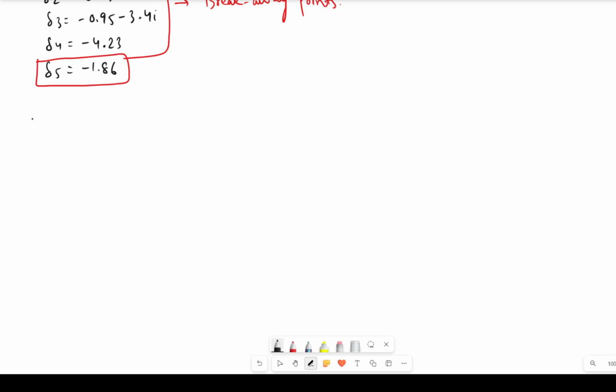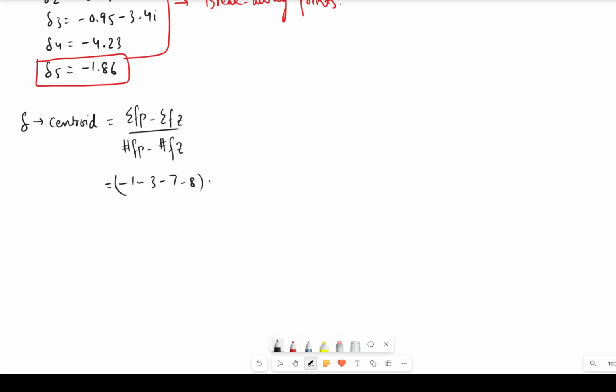Okay, now we need to find the centroid. The centroid is equal to the summation of finite poles minus the summation of finite zeros, divided by the number of finite poles minus the number of finite zeros. The pole values are at -1, -3, -7, -8.